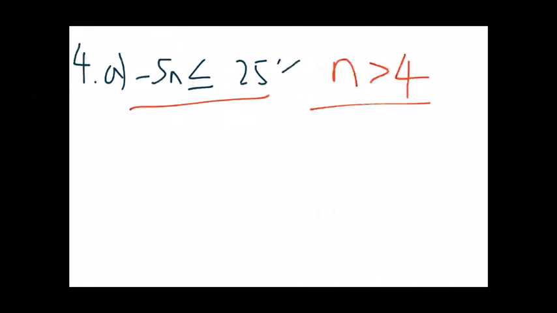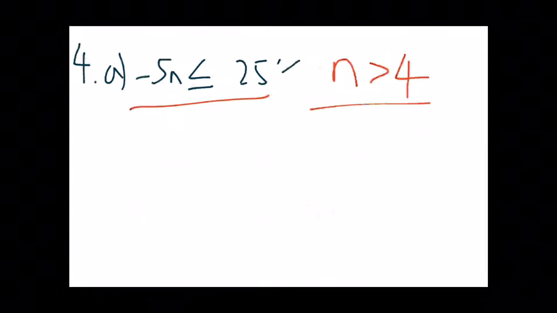So if we multiply by -1 on both sides to get rid of the negative, we end up with 5n is larger or equal to -25. Now, you may be wondering why this sign changed. Well, that is because you multiplied by a negative, in which case you will have to switch the sign in the middle to the opposite of it.